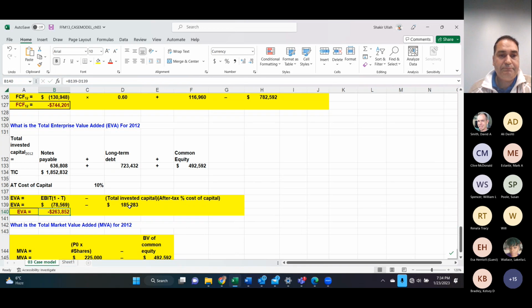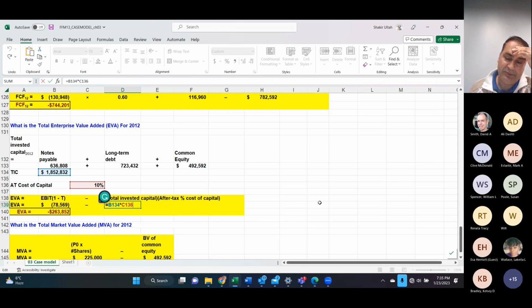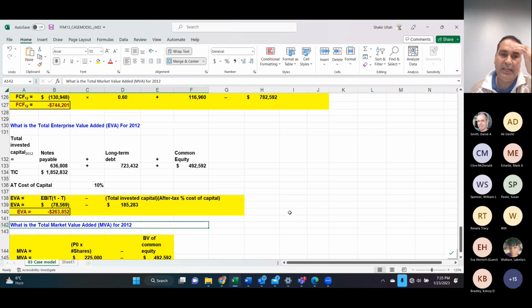Anyway, now for this part, we need to calculate the total invested capital, okay? Total invested capital is actually the investment that is made by the owners, the stockholders, or the banks, the debt holders, or any short-term liabilities.